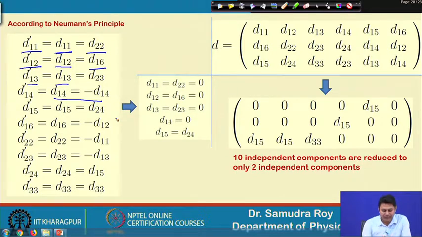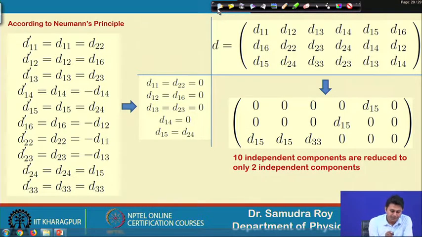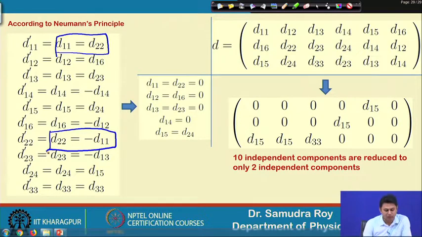Now from here we find some really interesting expressions. Here for D11 we find one equation, D11 is equal to D22. In a similar way we find D22 is equal to minus D11.